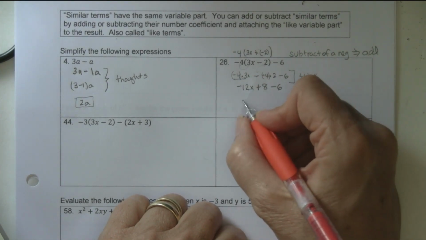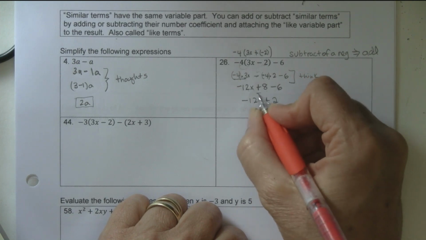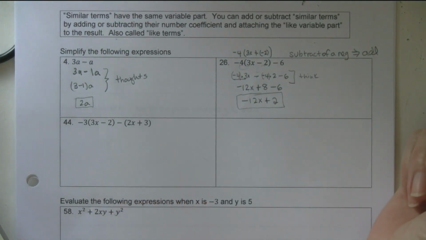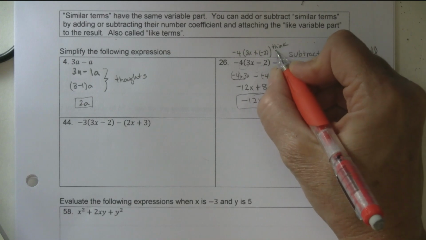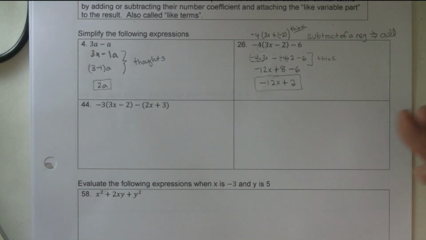So this is negative 12x plus 2, and then we're done. This is also something that some people think, and they even say it to themselves incorrectly. I can't care about that kind of stuff. To me, it's something that we all do, and so I'm good with it.